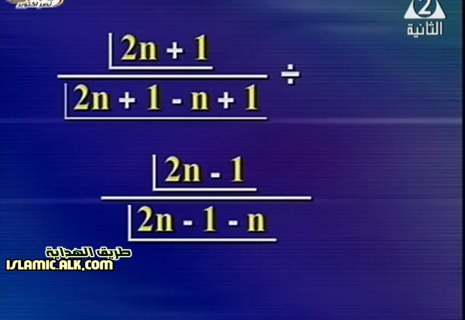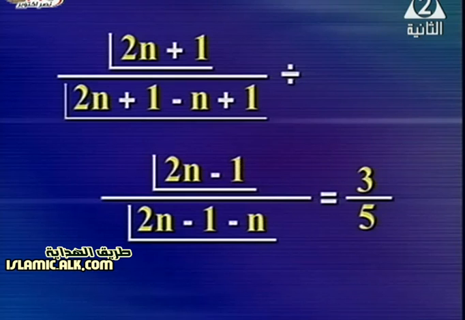Then the first is factorial 2n plus 1 over factorial 2n plus 1 minus n plus 1, divided by, meaning ratio, factorial 2n minus 1 over factorial 2n minus 1 minus n, equals 3 over 5.